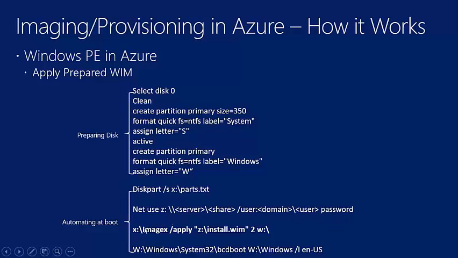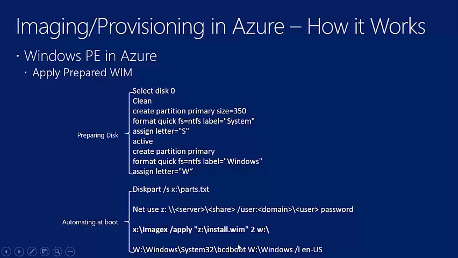Then I'm going to, from the X drive, which is now Windows PE running in memory, launch ImageX to apply the WIM that is stored up here. So that's going to take the WIM and drop it down to the C drive, right? And then once I get that done, I already have drive letter W assigned now to the disk. I shouldn't call it C drive, I should call it the W drive, right?